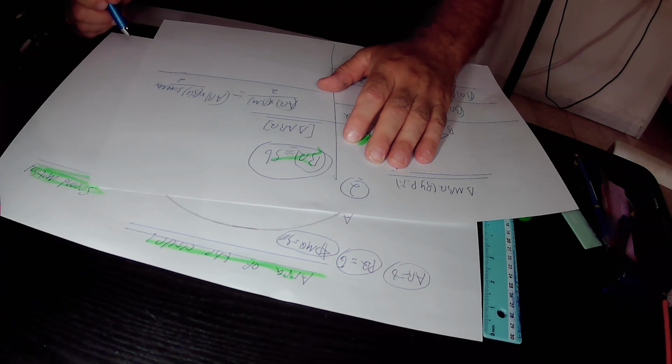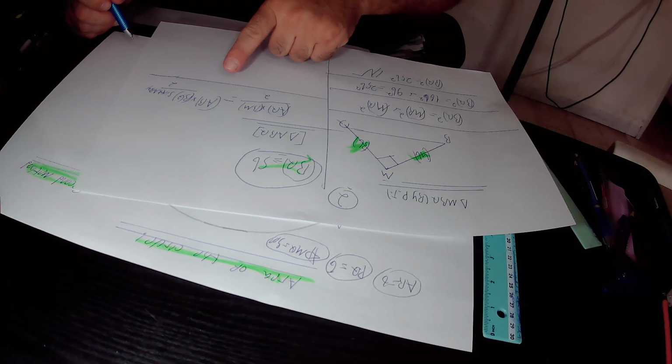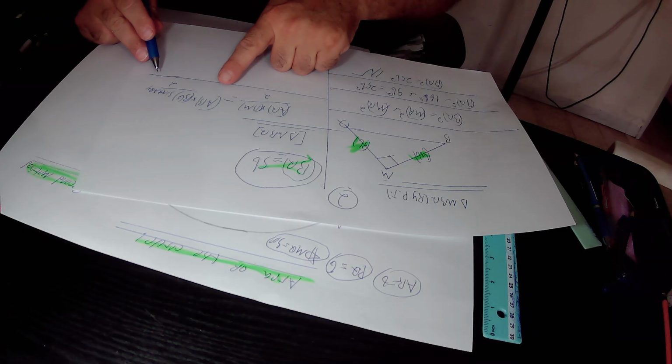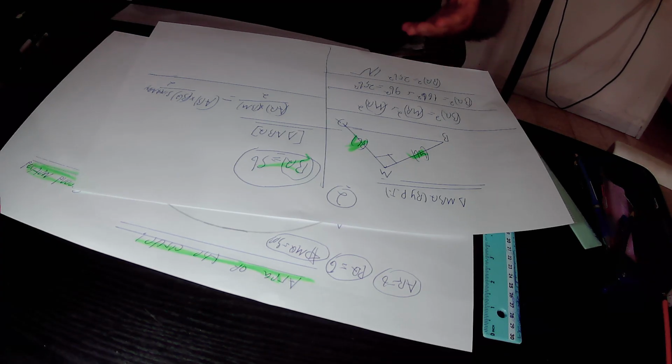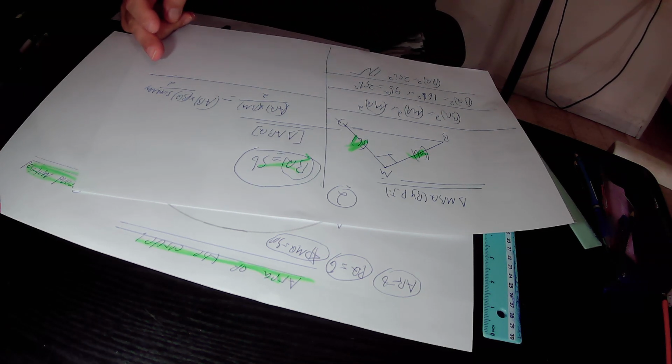Because according to the second method, we found that the area of triangle ABQ equals AB times BQ, that is the multiplication of two sides by each other, times the sine of the angle between those two sides, AB and BQ, that is sine angle ABQ, over 2. So we created an equation that says the area of triangle ABQ according to the first method must be equal to the area of triangle ABQ according to the second method.